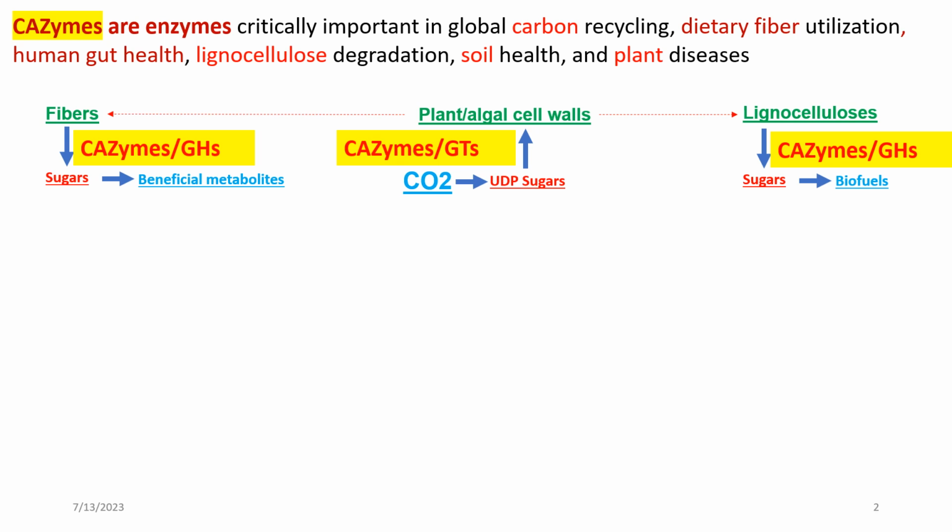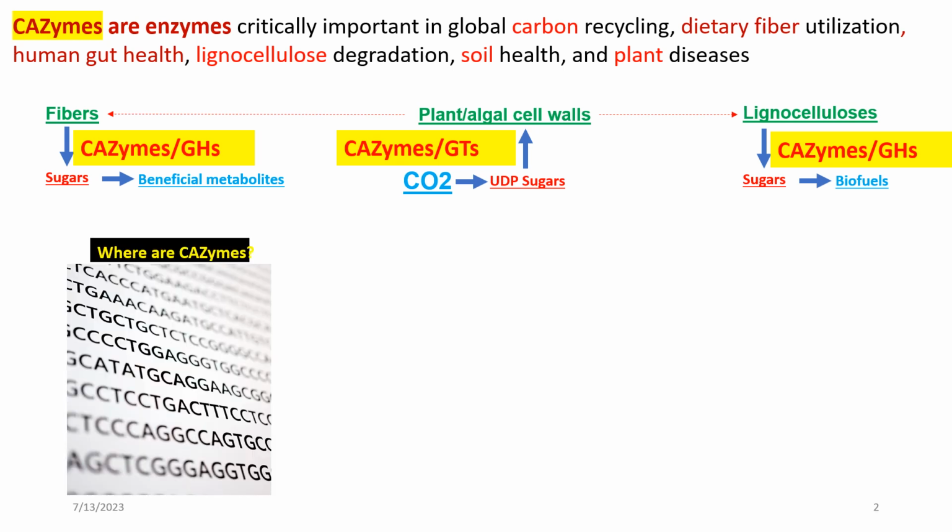Depolymerization of these cell wall polysaccharides will need glycoside hydrolases, or GHs. After that, we get simple sugars, which can be converted into beneficial metabolites, such as short-chain fatty acids in the human gut, or into bioethanol, which is the most well-known biofuel that is mixed in gasoline.